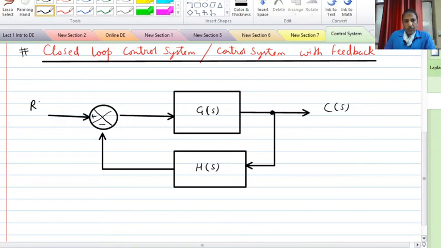So this is your R(s), this signal is your E(s), this signal is your B(s), and this is C(s). This is the simplest closed loop control system with feedback, and this sign may be written outside. So this may be minus or this may be plus, so there is no need to write both these symbols.